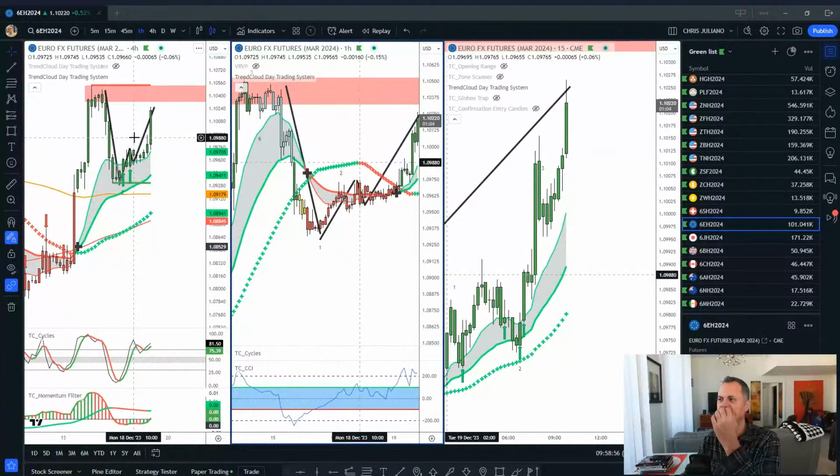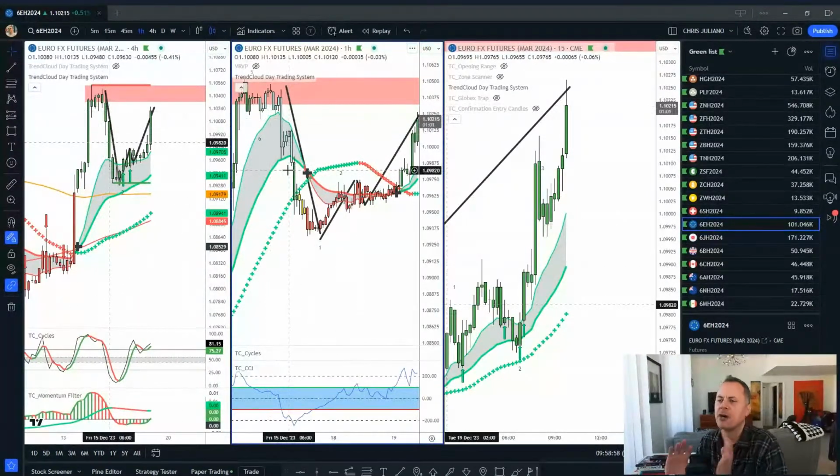All right, so that is really important to understand the concept, because that's going to set up your strategy. Remember, TrendCloud is a price action mapping system. You've got to take the context of the price action and then apply that to your strategy, right? That's what's going to make you the most money, okay?